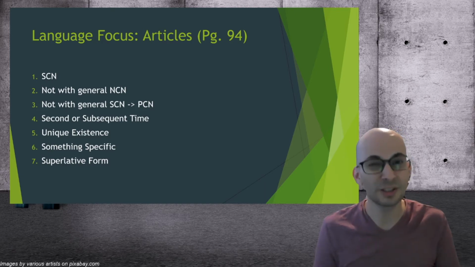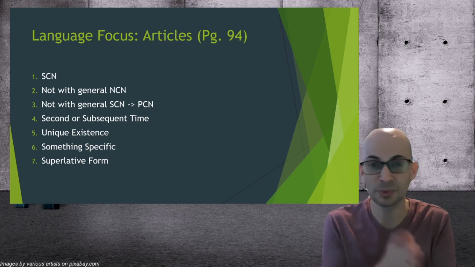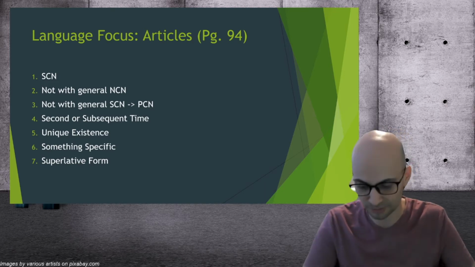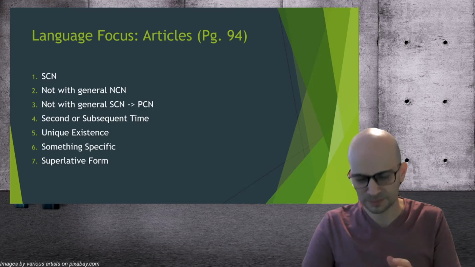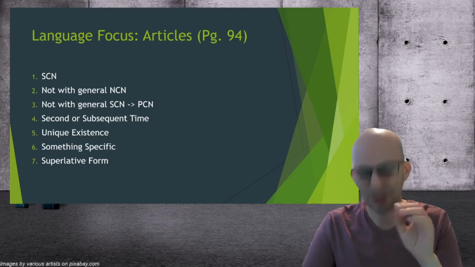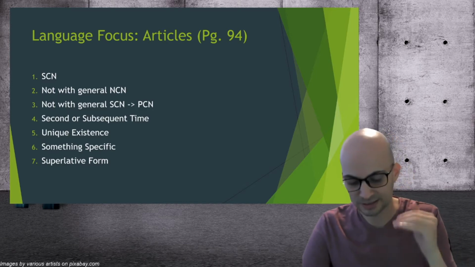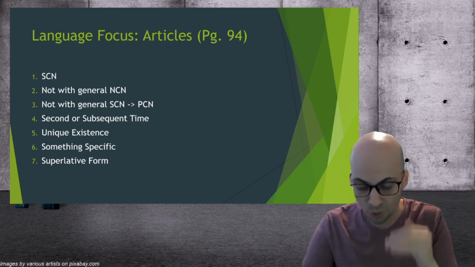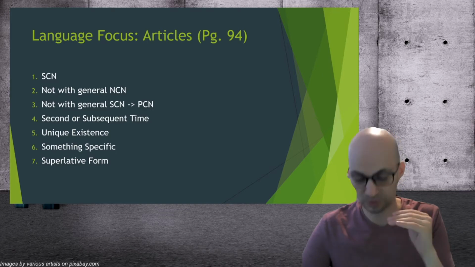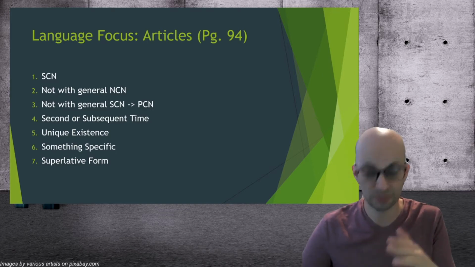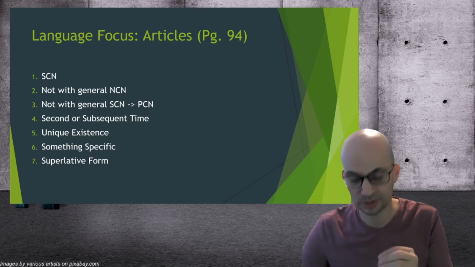But let's look at a few rules or guidelines to help you as you're writing your paragraphs, because these can be helpful. The first one is singular countable nouns. Always use an article with a singular countable noun. We have several examples here, but I just want to read the correct one.